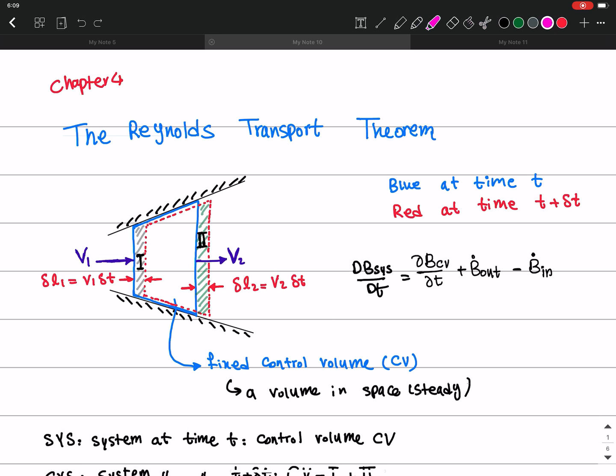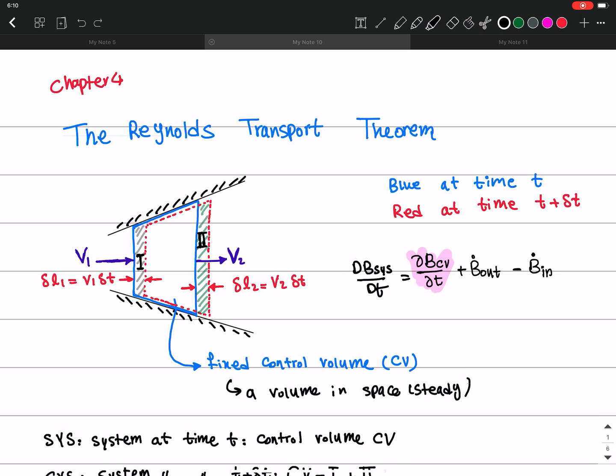Okay, and this shows the total change of the system. And why it is not just a partial change of the CV, it's because you also have some inflow and outflow, right? So you cannot just look at this blue one and see how much it is changed here, but you should also look at the inflow and outflow that is coming in and goes out of your system, right?